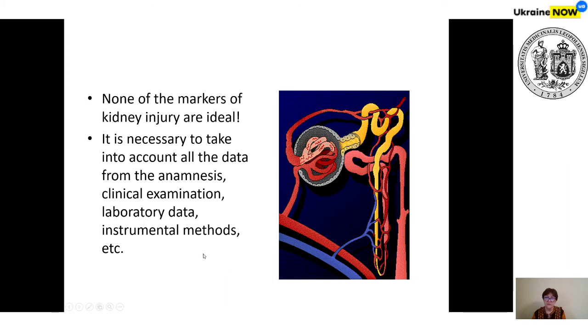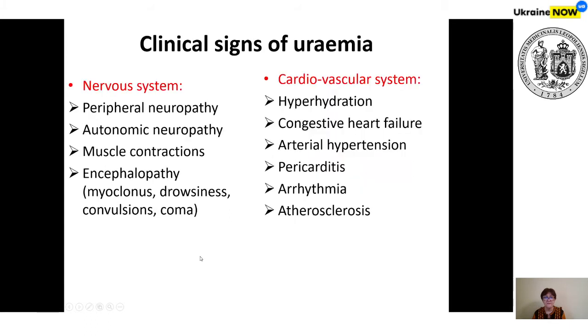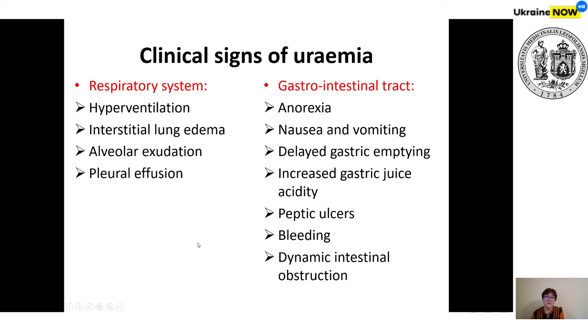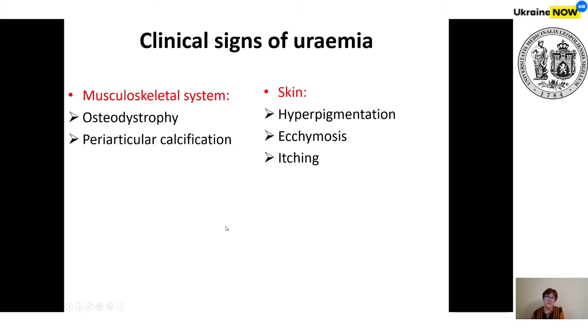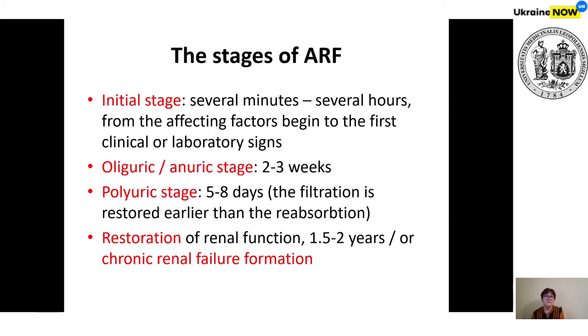It's necessary to take into account all the data from anamnesis, clinical examination, laboratory data, instrumental methods, etc. Clinical signs of uremia: you can see different symptoms in many organs and systems, in nervous system, in cardiovascular system, respiratory, gastrointestinal tract, metabolic signs, in blood analysis, endocrine signs, even musculoskeletal and skin signs.